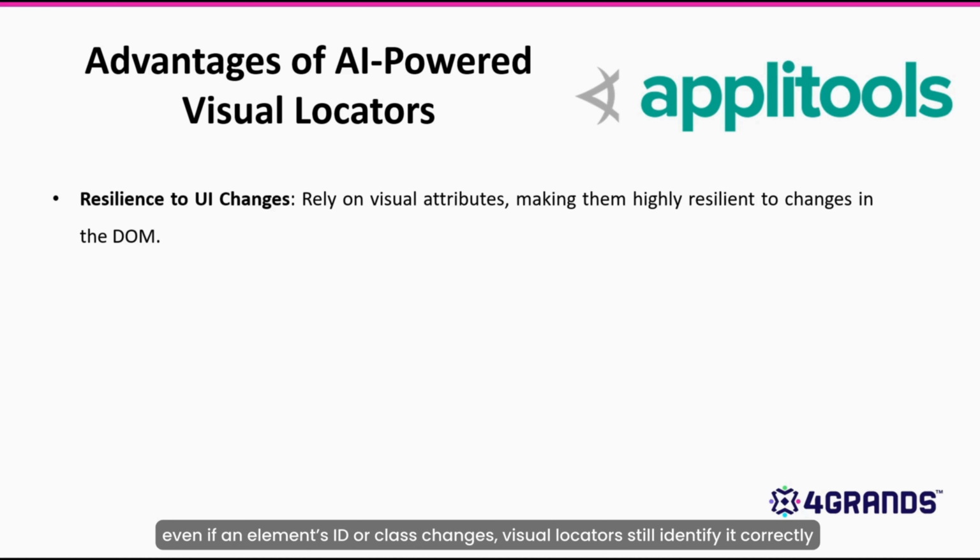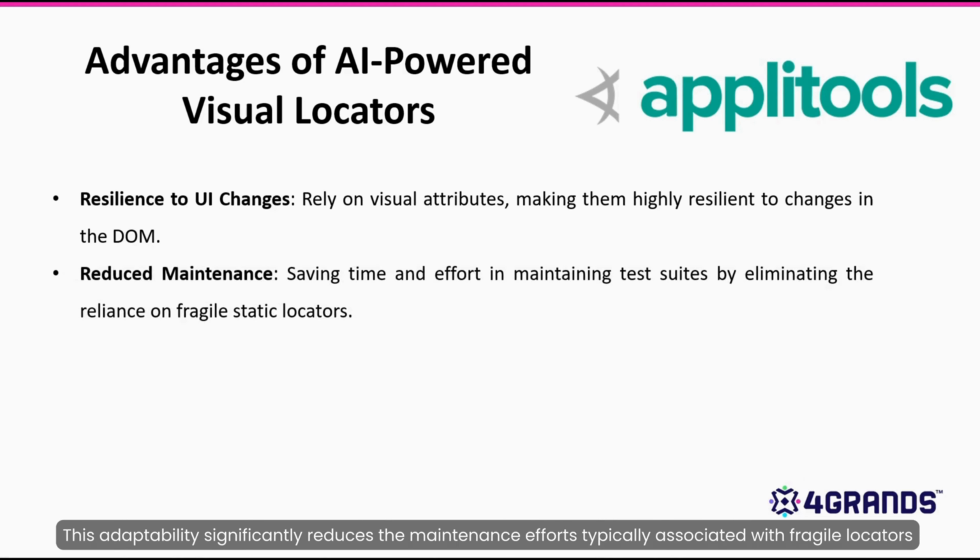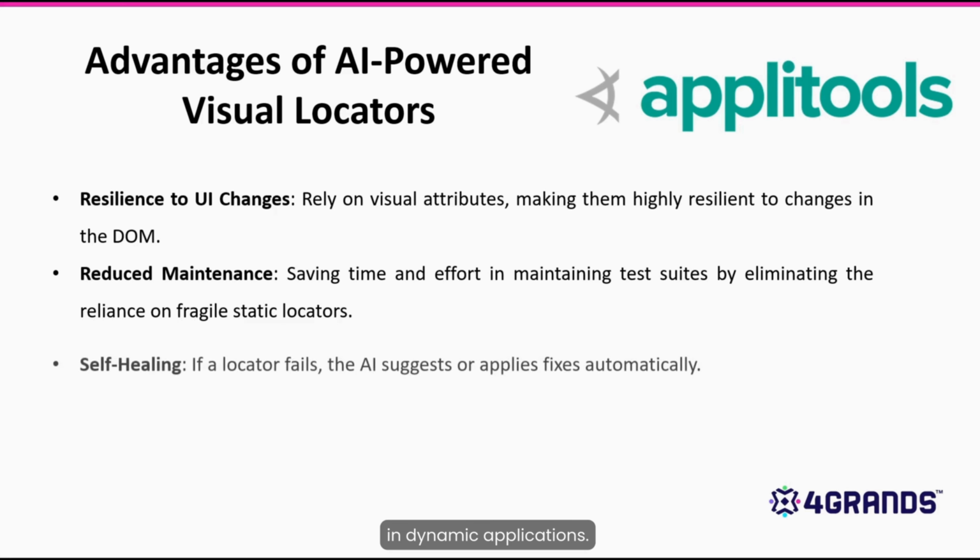For example, even if an element's ID or class changes, visual locators still identify it correctly, ensuring fewer test failures. This adaptability significantly reduces the maintenance effort typically associated with fragile locators in dynamic applications.